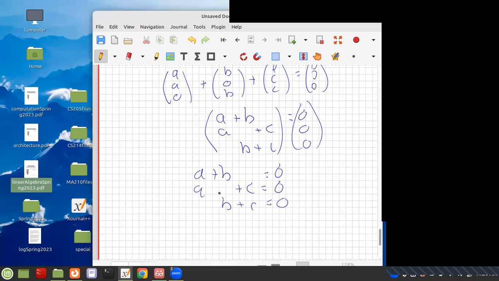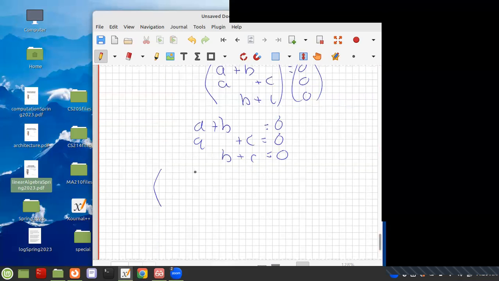So you can see that, and I can go backwards. This is just like where we had converting from sum of vectors to this. Then you have the augmented matrix: 1, 1, 0 | 0; 1, 0, 1 | 0; 0, 1, 1 | 0. Augmented matrix for the system.